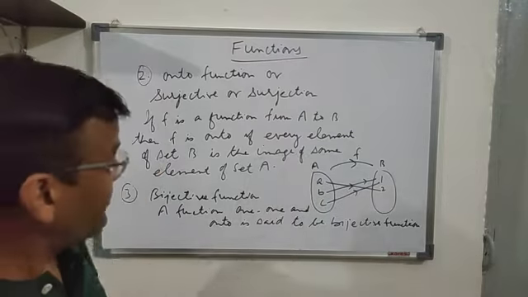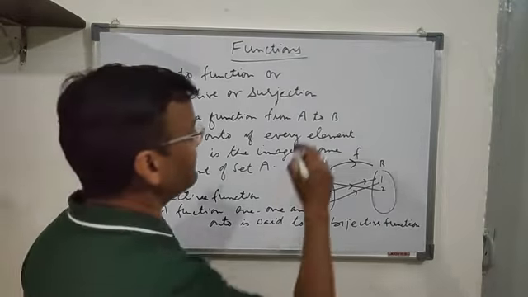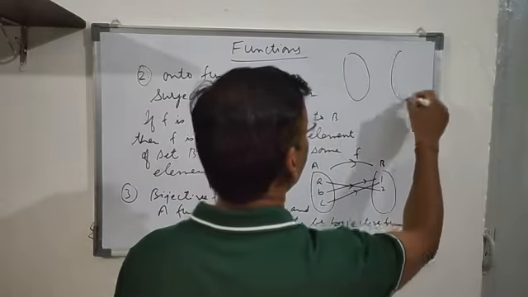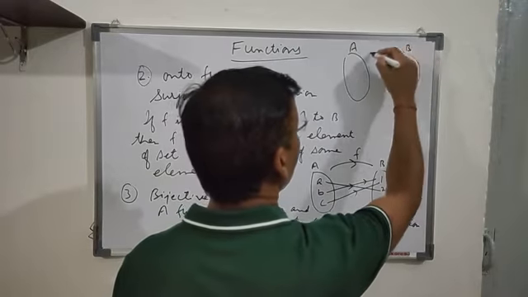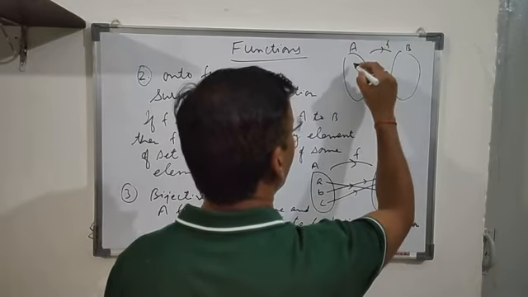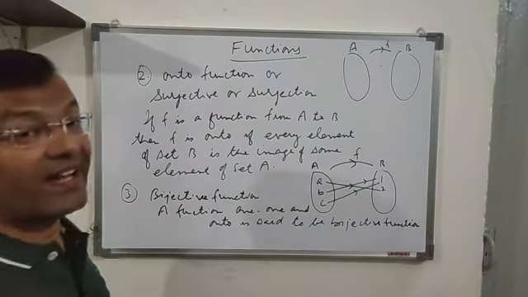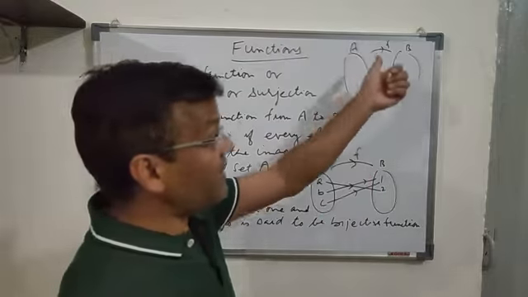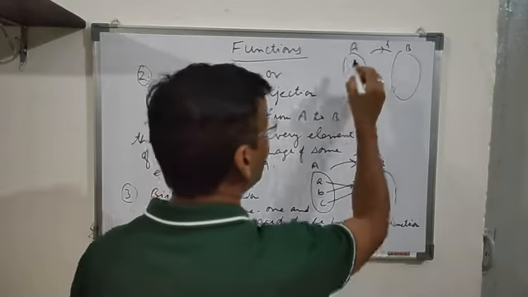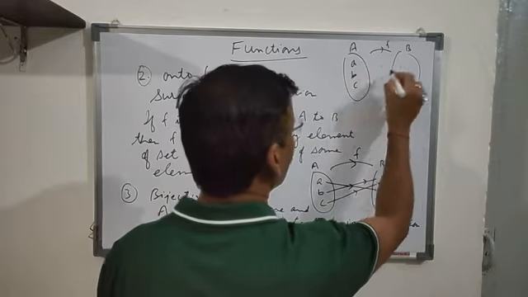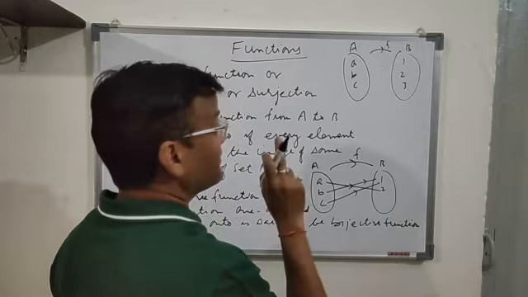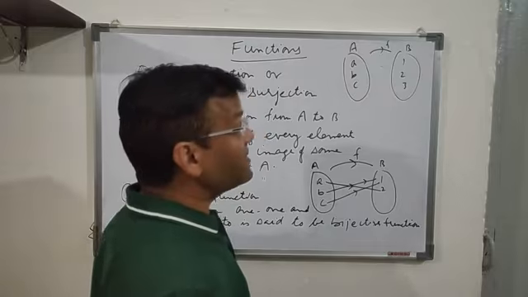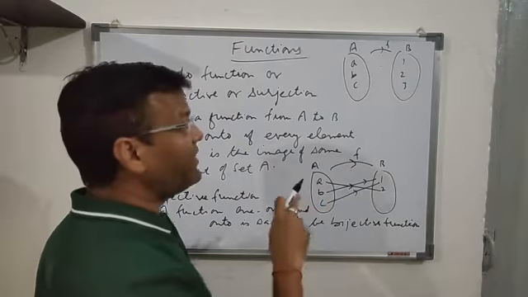I will be writing an example for this one also, which is a bijective function. If I take the set A and set B, f is a function from A to B. In case of a bijective function, it is very clear that the number of elements in the set A is always equal to the number of elements in the set B. So if I take A, B, C, and 1, 2, 3, it has to be 1-1. Distinct elements must have distinct images, and every element of the set B must have at least one image.